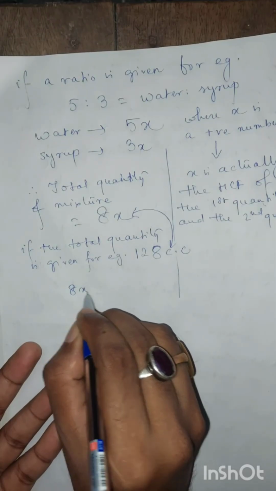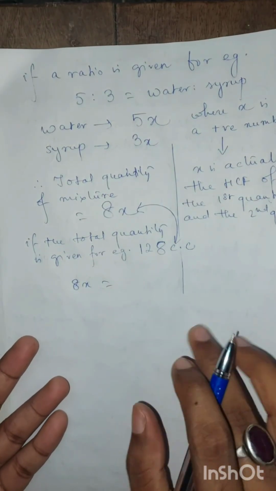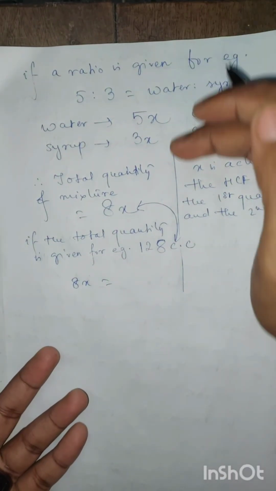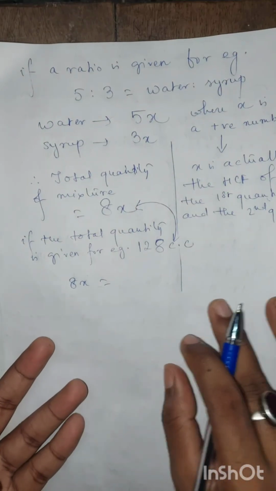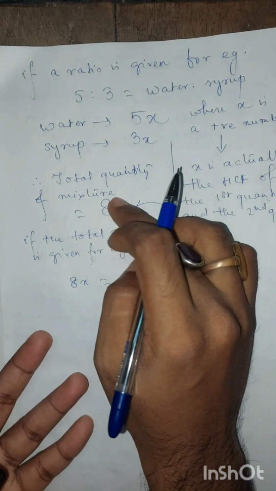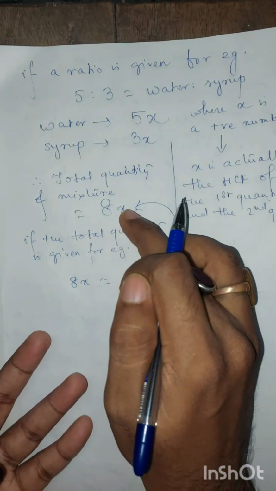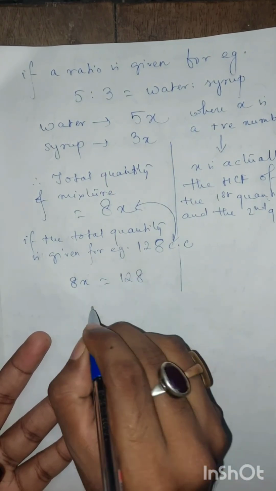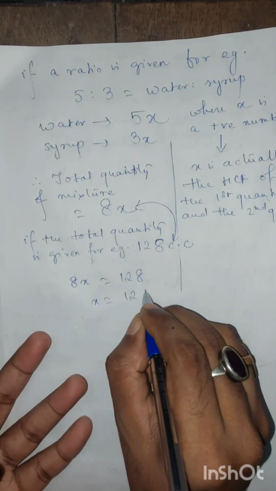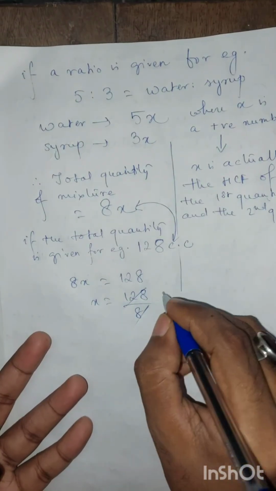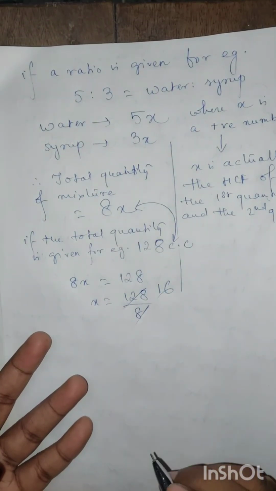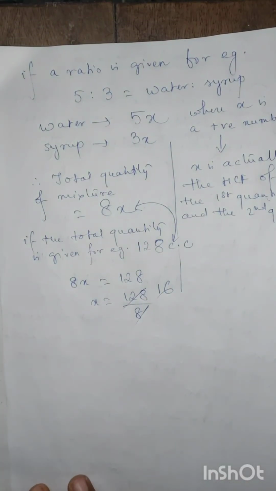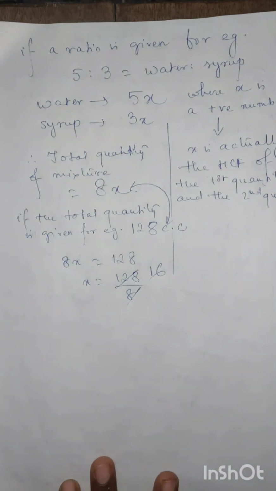That means 8x, I am just giving an example. This is how problems can be solved. The total quantity can be determined by opening a ratio, and this quantity can be equal to this quantity. So x equal to 128 by 8. So this is a type of question that comes.